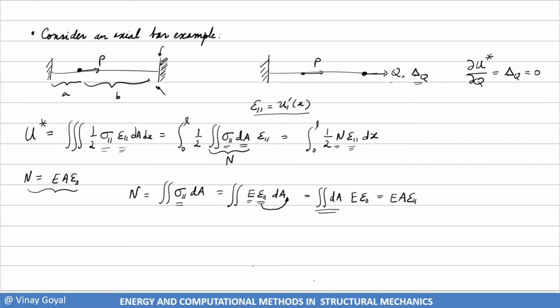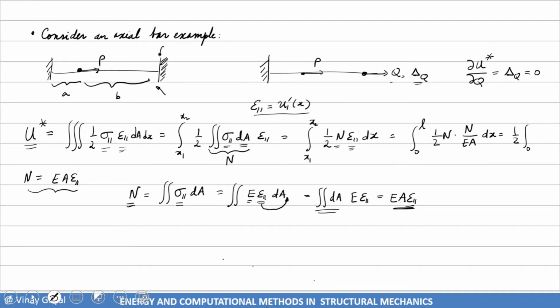So I already showed you how to do that before, but I'm repeating it here again to help you understand the concepts. Now I can solve for epsilon 1 in terms of N and write the complementary strain energy only in terms of N. Because that's the whole point of the complementary energy. That's the way you want to write it. So 0 to L, 1/2 N, and I can plug this in there. So I get N divided by EA dx, and I get 1/2, and let me not put 0 to L because it could be x1 to x2, if you don't mind.